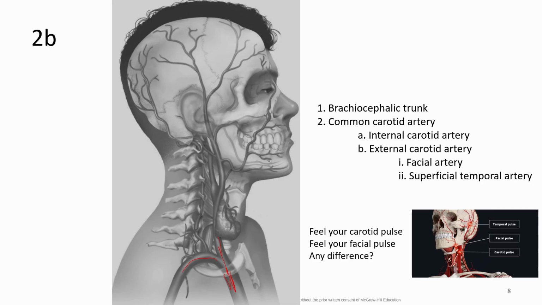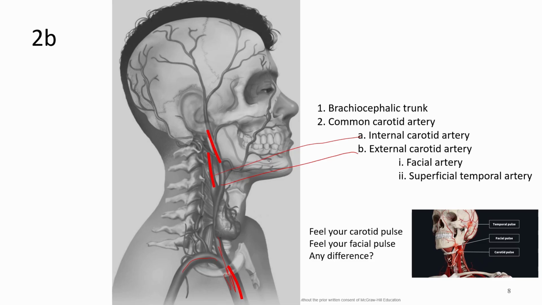The carotids further break into two parts. They break into the internal and the external carotid arteries. And so the internal is this one. That's my internal, and here is my external.